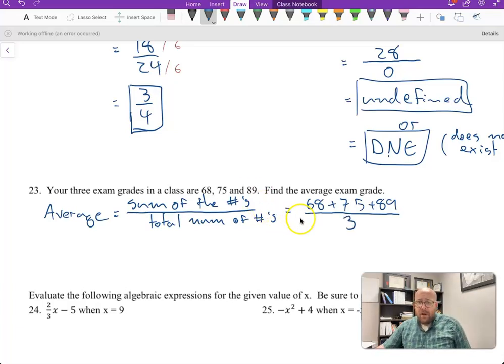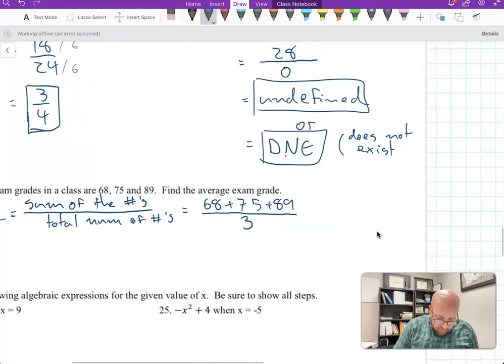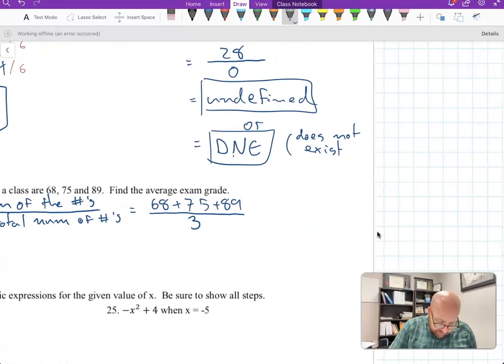And you can see now how this falls under the order of operations. We have a division bar. We need to evaluate our numerator. We don't have anything to do in our denominator. And then we want to simplify the fraction. You may have to do some work off to the side.